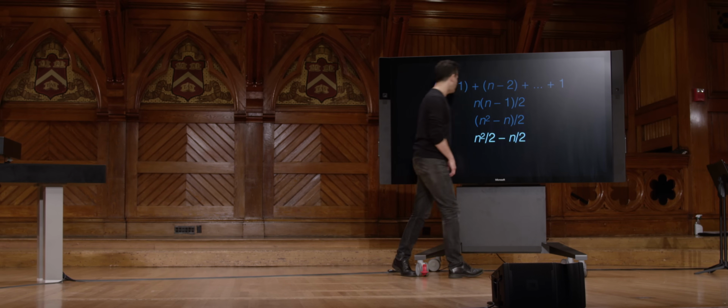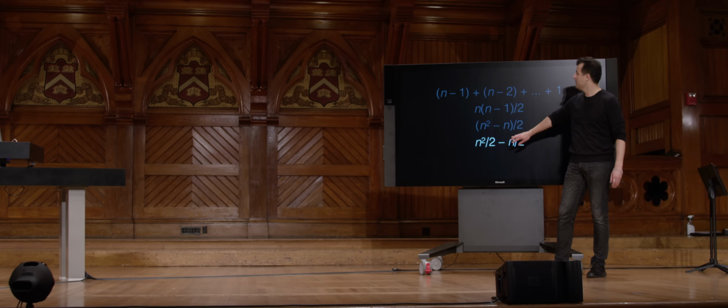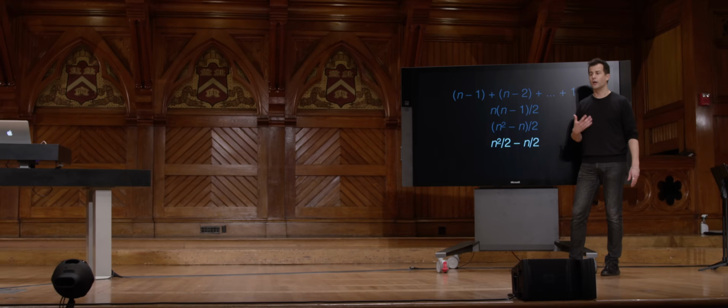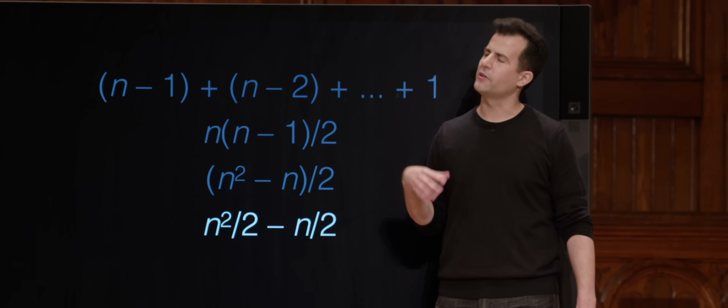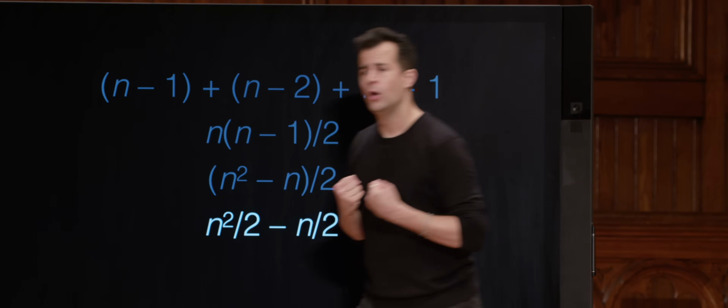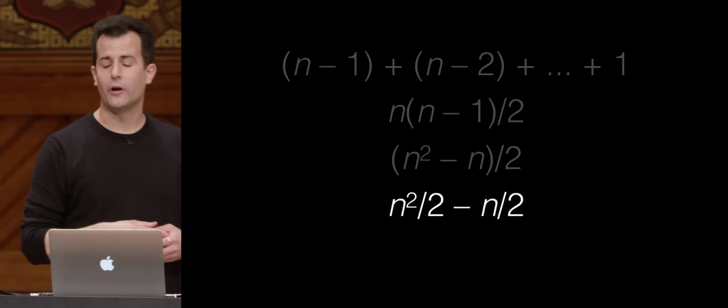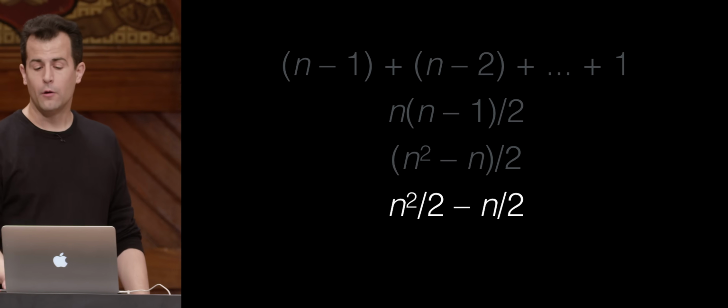I'm just going to kind of propose, let's just ignore the n over 2, because as n gets really big, the dominating factor really is going to be n squared. And for that matter, the over 2, like who cares about the over 2? N squared is kind of the essence of this formula right now. So what does that mean? Well, let's just do a concrete example to convince you of the fact that we can cut a little bit of mathematical corner here and only care about the big number for the following example.